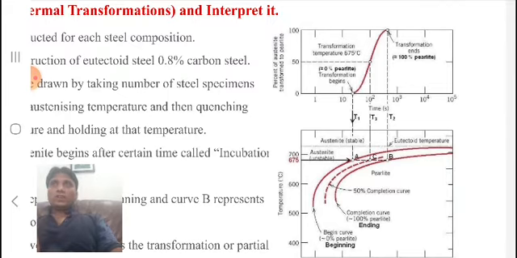So how to understand this? We need the TTT diagram. TTT diagrams are the main diagrams to understand how we can continue the process with fast and accurate results.